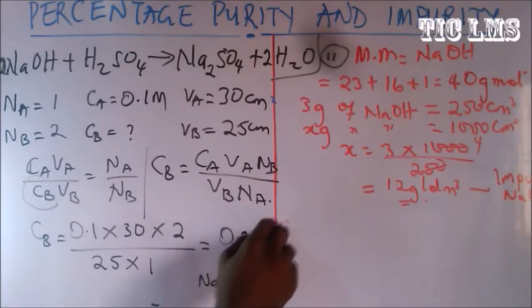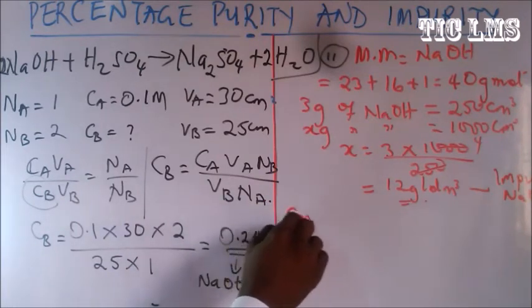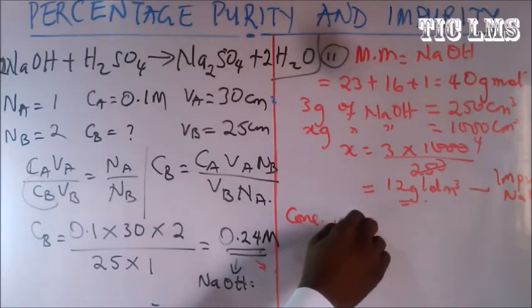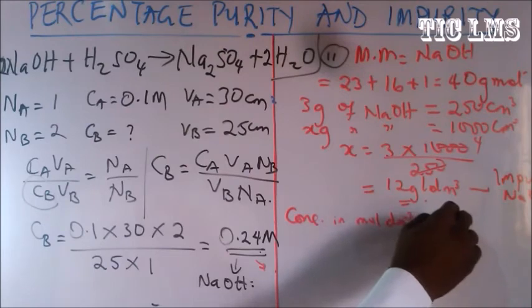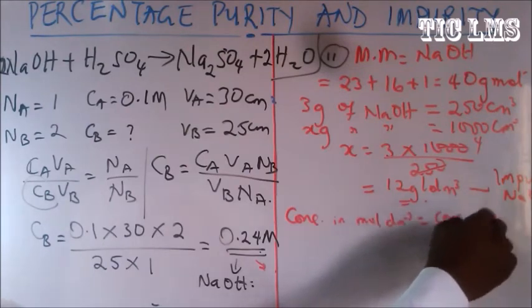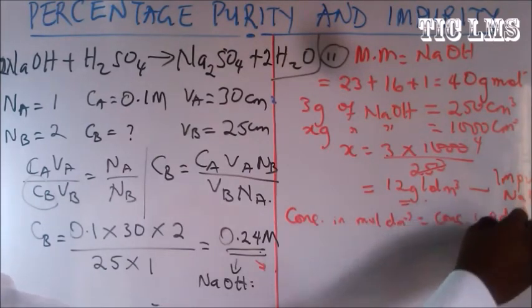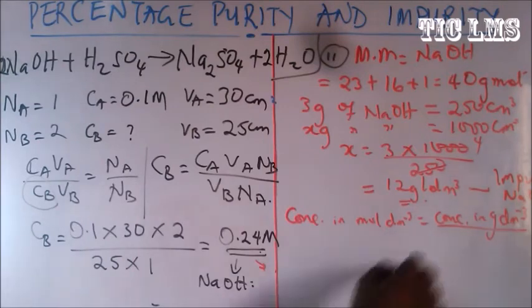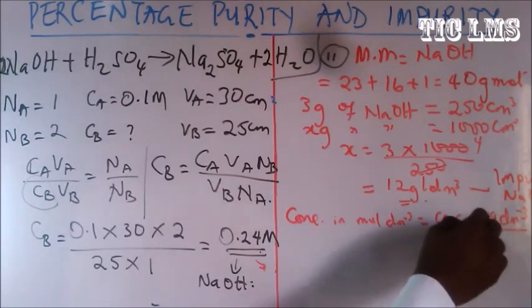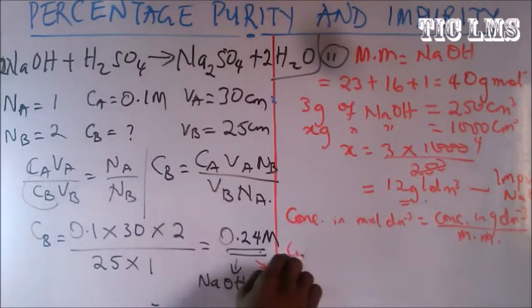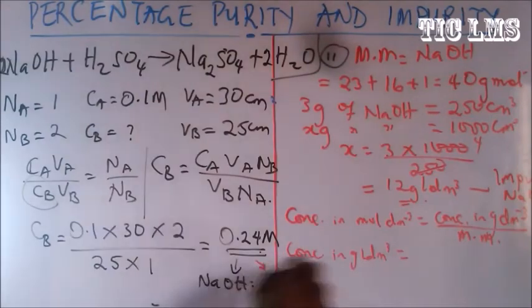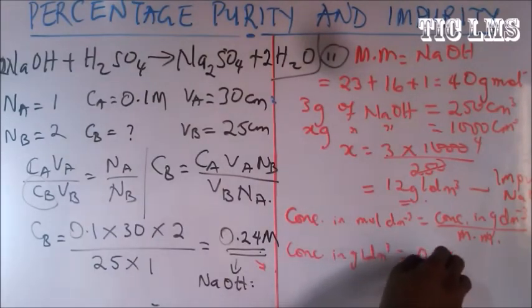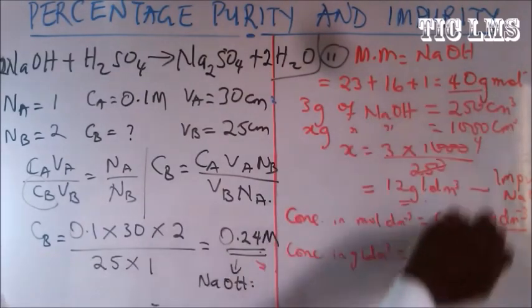So we have that concentration in mole per dm cubed equal to concentration in gram per dm cubed over molar mass. So our concentration in gram per dm cubed equal to 0.24 multiplied by the molar mass, which is 40.